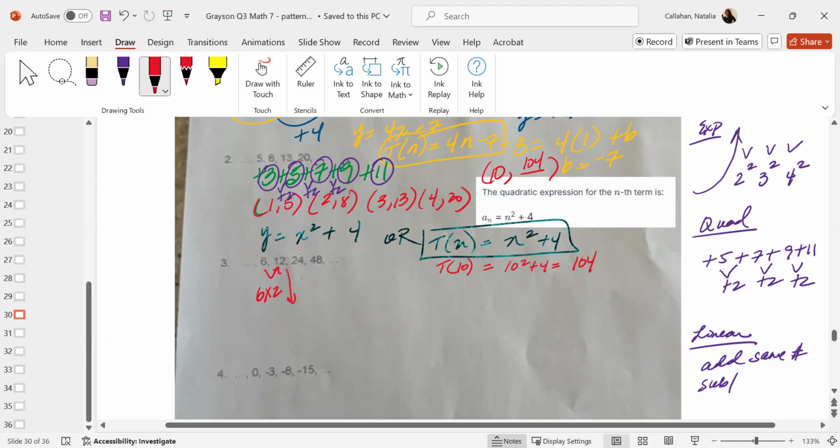Hold on. 12 times 2 is 24. 24 times 2 is 48, correct? 48 times 2 is? 96 times 2 is? What's the next number after that? 192. So now that I have the numbers here, then I can put them into points. 1, 6, 2, 12, right? 3, 24, correct? So let's go back.